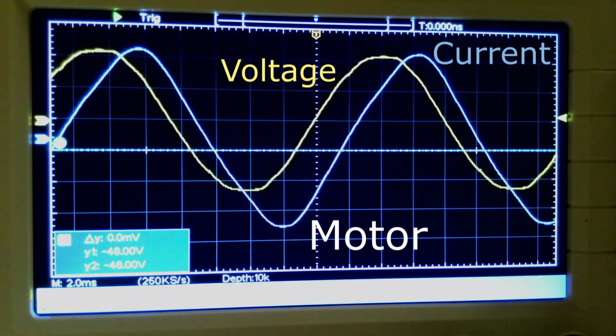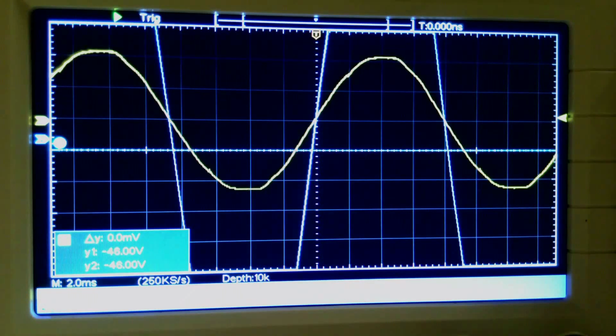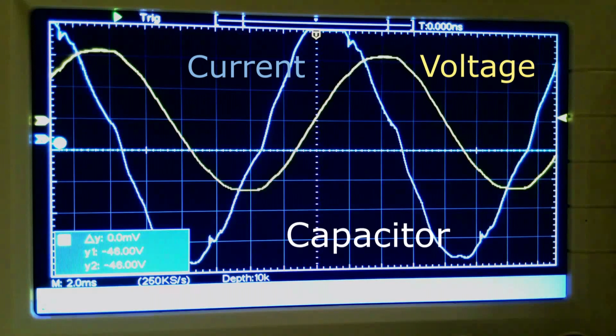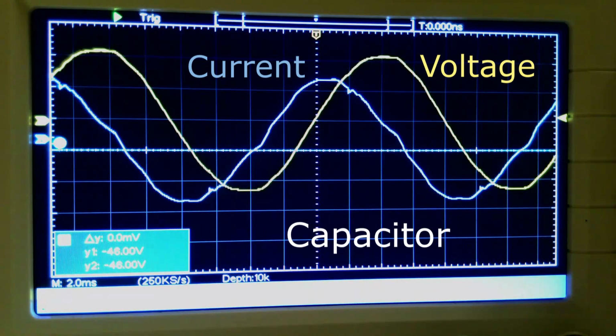I'm going to take the motor back out of the circuit and put the capacitor in the circuit. Now you see with the capacitor, the current peaks before the voltage. So with the motor, the current peaked after the voltage. With the capacitor, the current peaks before the voltage.